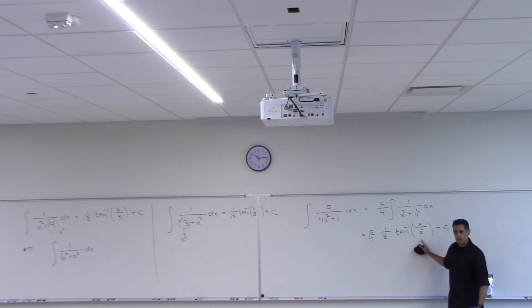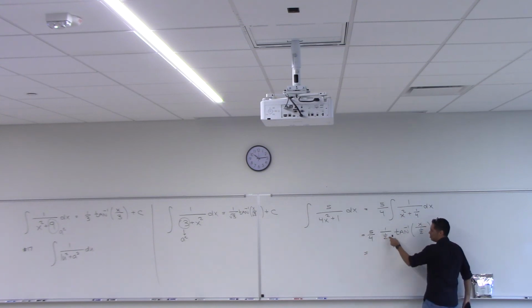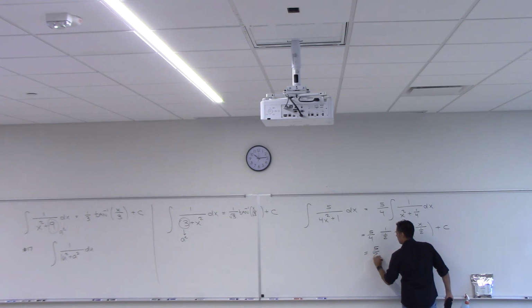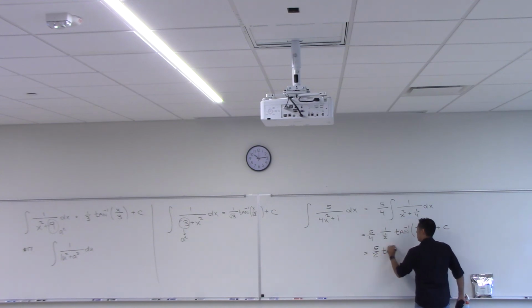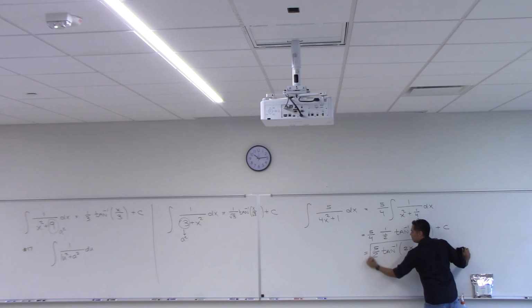We're good? Well, let me clean this up. This really is a 2, right? And then 2 over 4, that gives me 5/2 out here. Inverse tangent of, now here if you have something over a fraction, you can reciprocate it, and that just becomes 2x, doesn't it? That should be it.